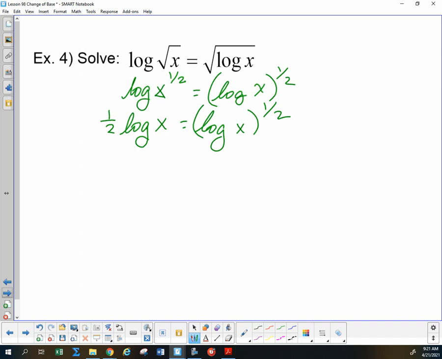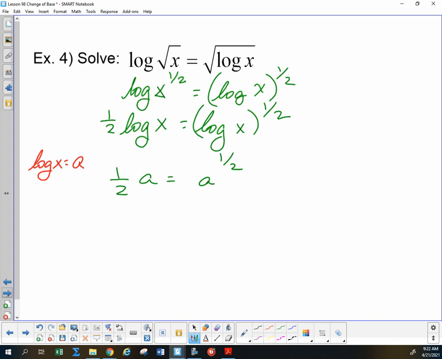Okay, now I'm going to use that same substitution. I want to let log x be replaced with some letter, so maybe I can see a pattern for solving this thing. They've used x. I take any other letter. I'm just going to stick with a. I kind of liked it. So that means I have 1/2 times a equals a to the 1/2, or the square root of a.